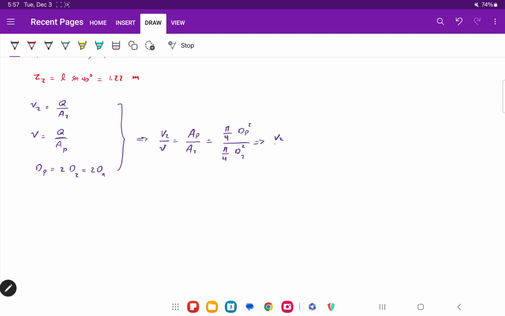So V2 over V equals 2 to the power 2, which equals 4. So V2 equals 4V.